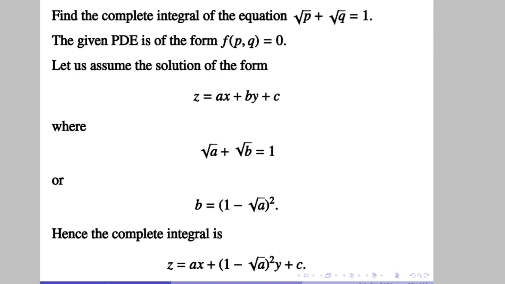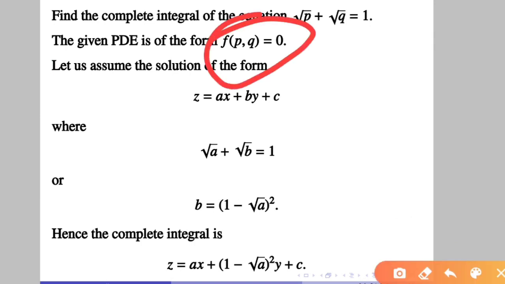So the first example is root p plus root q is equal to 1, of the form f of p comma q is equal to 0, and then the solution. So we know in the first type, p is equal to a, q is equal to b. So we are substituting a and b in the place of p and q respectively.